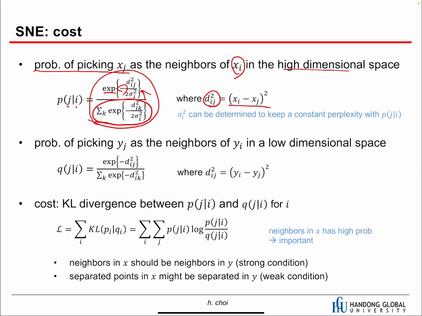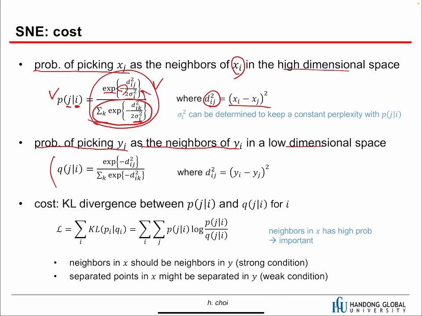Okay, so this means from i's perspective, the probability of j as a neighbor is defined by this. And then we have to define another probability in a low-dimensional space, right? So the probability of picking y sub j as the neighbor of y sub i in a low-dimensional space is defined in this way.